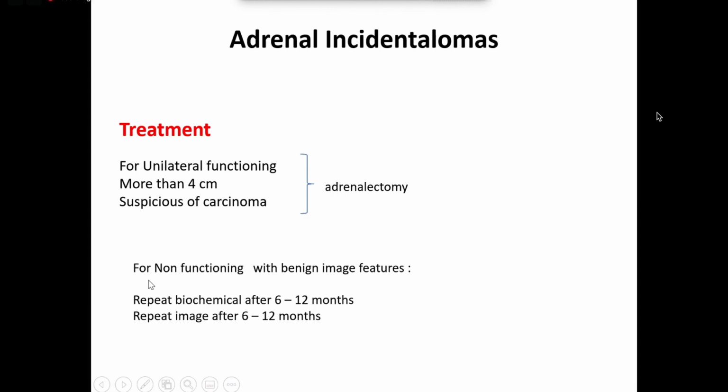For those who have non-functioning adenoma, we need to follow them up. Usually we repeat the biochemical workup in 6 to 12 months for almost 4 years, and the imaging study we repeat in 6 to 12 months for 2 years. If the nodule is stable, we don't need to follow them up again.